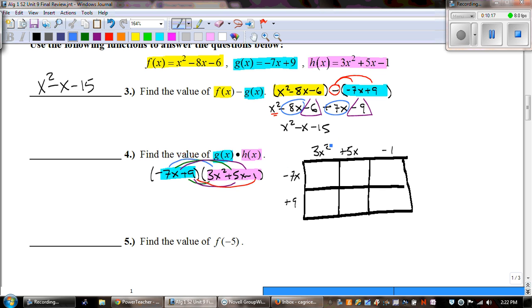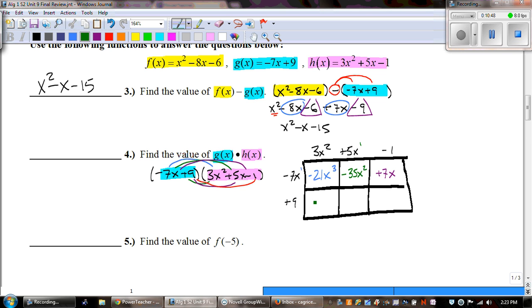Negative 7x times 3x squared is negative 21x cubed, and we've got to remember that we add the exponents. Negative 7x to the first times a positive 5x to the first gives me negative 35x squared. Negative 7x times negative 1 gives us a positive 7x.